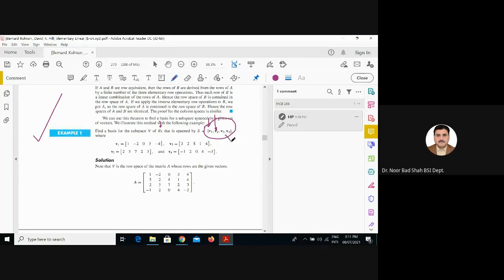You may consider other vectors which form a basis for a subspace of R5. And the second case is if you are considering the same vectors in the basis. So if you are going for different vectors, what do we do? We put these vectors in rows of a matrix. This is the first row, second row, third row, and fourth row.